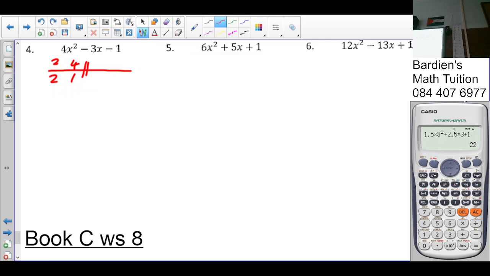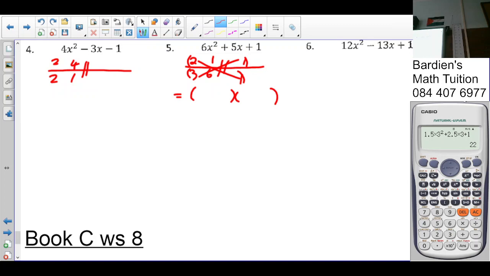Okay, let's look at this one here. What's going to go in the line on the side of the barrier? 1 and 6, 2 and 3, yeah? 1 and 1. Do we add or subtract our products? Add. So it's going to be 2 plus 3 is 5. That's what we want, not so?